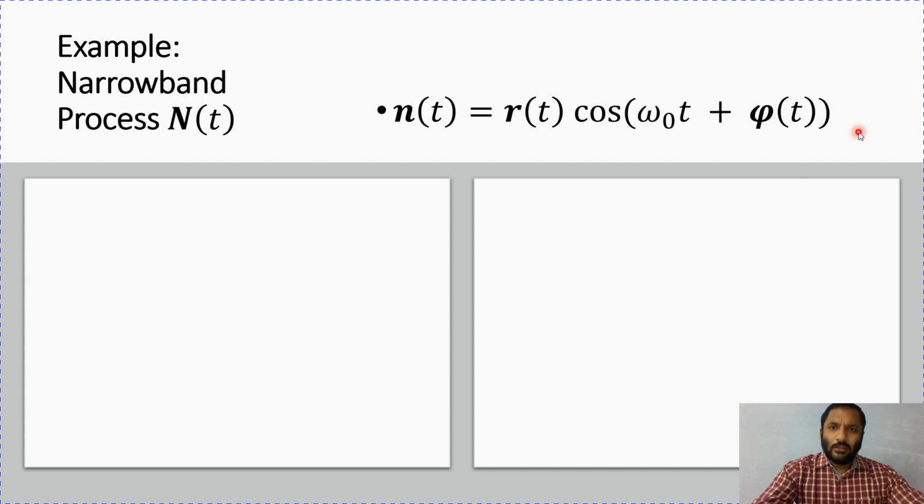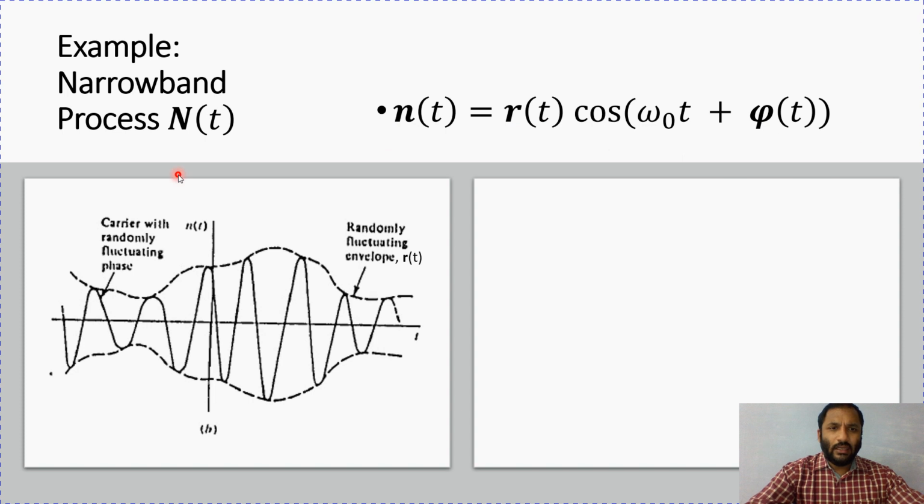Now if you look at it, omega naught, which is the carrier frequency, is usually very large, a high frequency signal.